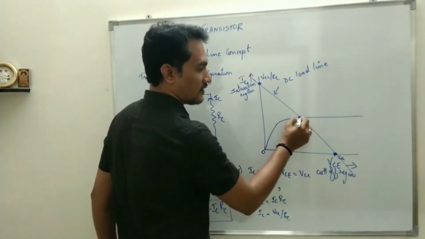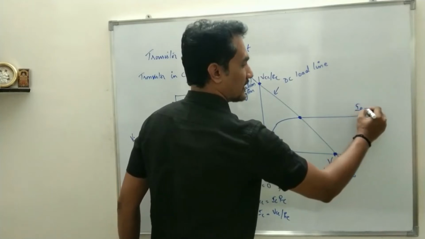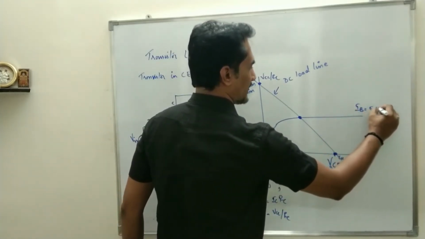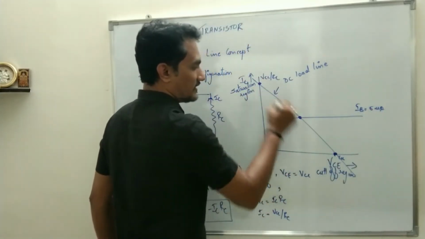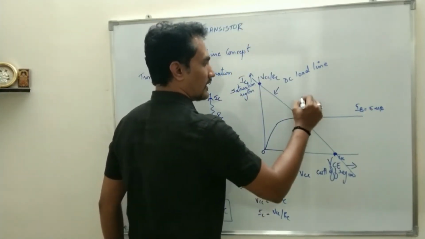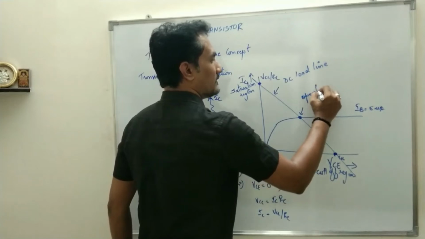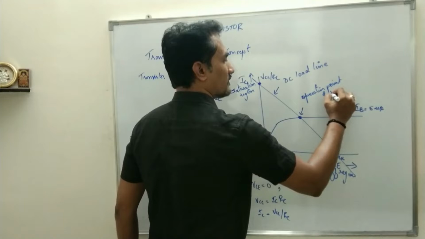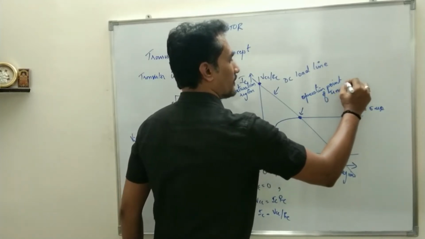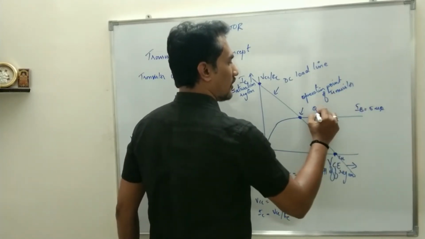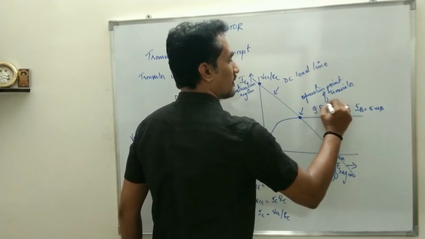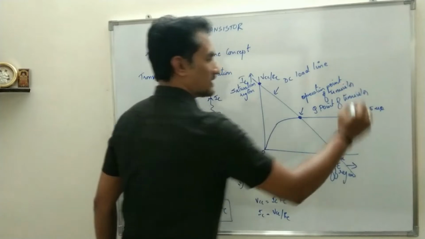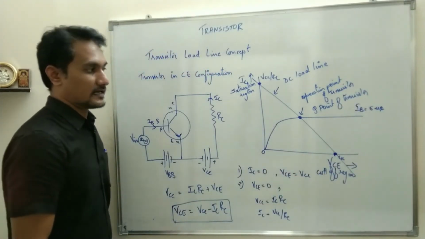The intersection of that particular base current, say IB is equal to 5 microampere, and the DC load line is called the operating point of the transistor, or Q point of the transistor.